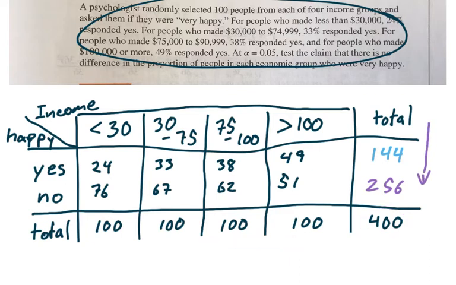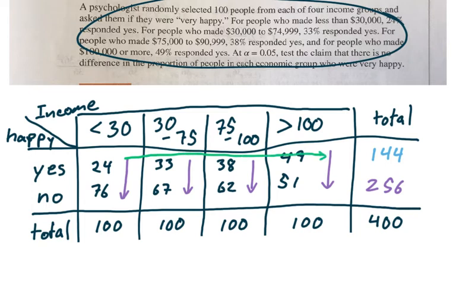If we're claiming that there is no difference between these, then what we can do is simply take the total number of people in each category, which in other words is the column total for each one of these. And this is kind of nice because it's 100 in each of these cases. And then to get the expected value, we'll multiply that by the row total for each one of these.